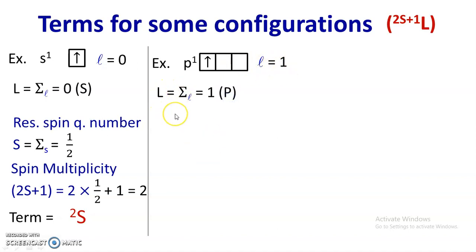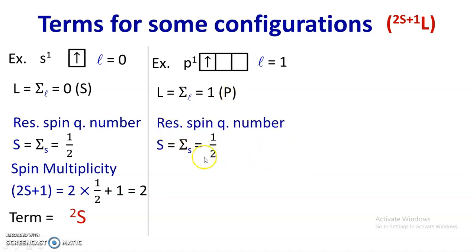So capital L, that is resultant orbital angular quantum number, it is equal to algebraic sum of L values, but there is only one L value, that is 1. So capital L is equal to 1, and when L is equal to 1, then corresponding state is P.